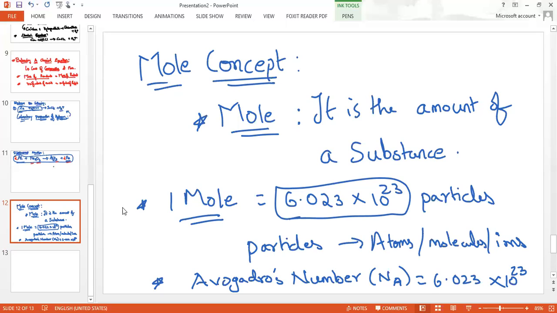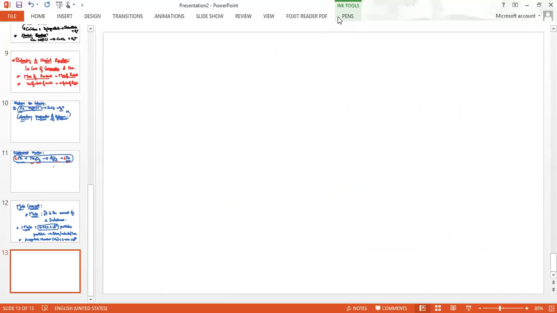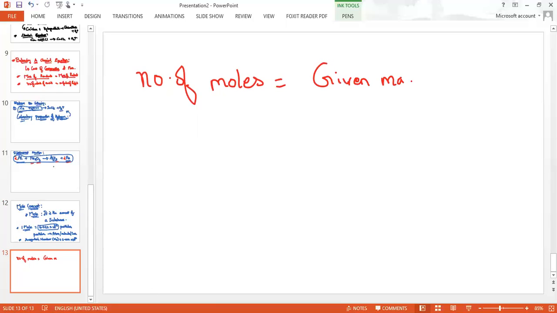Mole concept. And now there is a formula to calculate the number of moles. Number of moles is mass, also written as given mass, or mass of substance, by molecular mass.